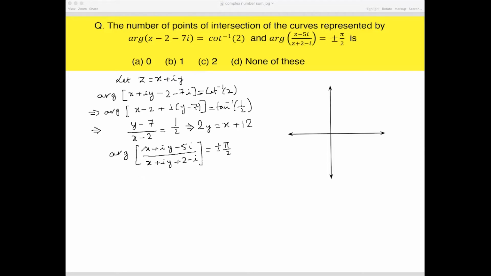noting that arg numerator minus arg denominator is equal to that. So using the formula for tan inverse a minus tan inverse b, that will give you tan inverse (a - b)/(1 + ab). And when you get it in that form, you note that the denominator has to be 0, because tan of ±π/2 is infinity.